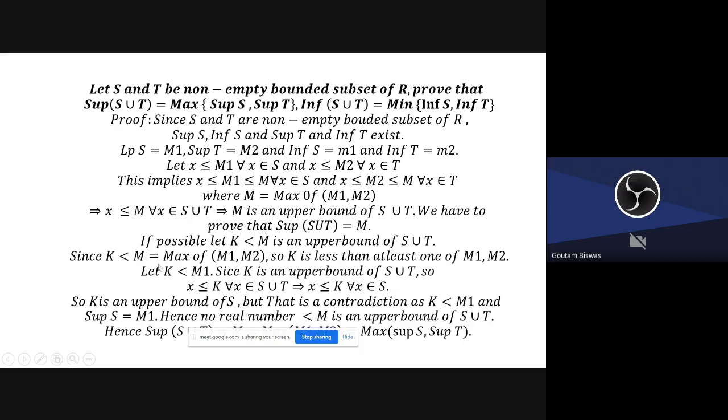Since k is less than M, and M is the maximum of M1 and M2, k is less than at least one of M1 and M2. Let k be less than M1.